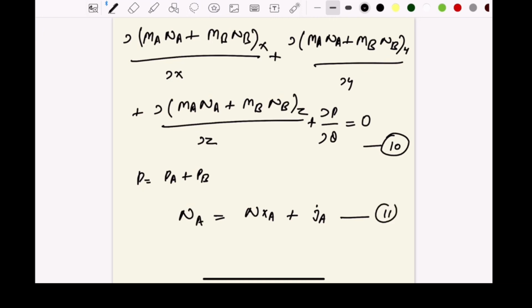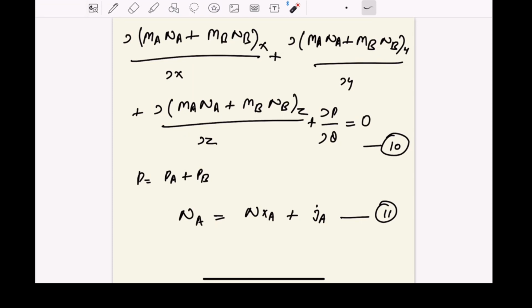This is equation number 11, where NA is the molar flux, the first term is due to bulk movement of the fluid, and J is the molecular diffusion.